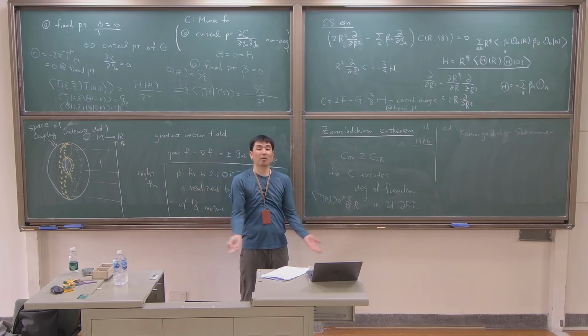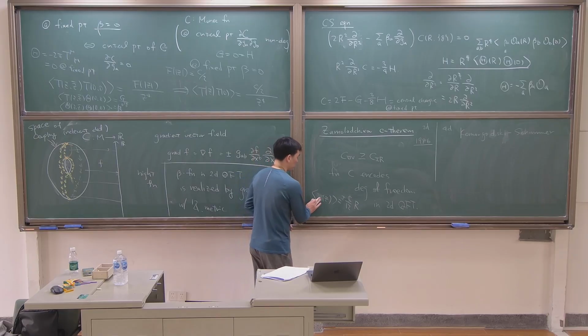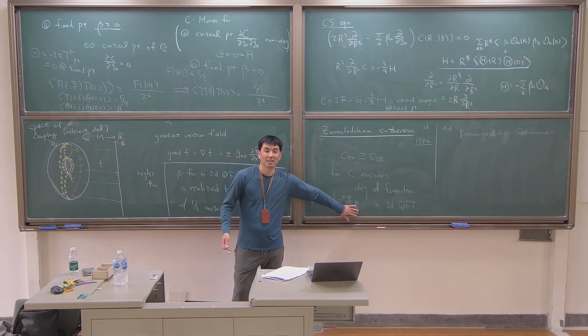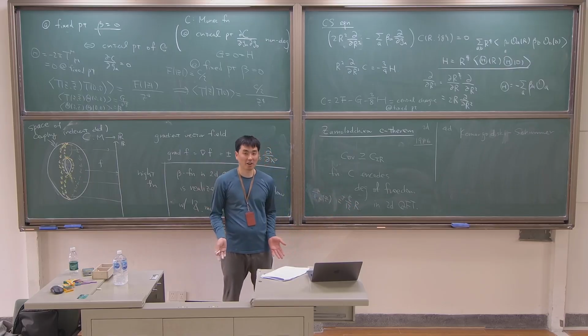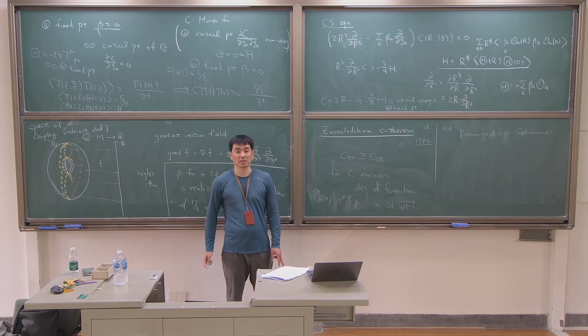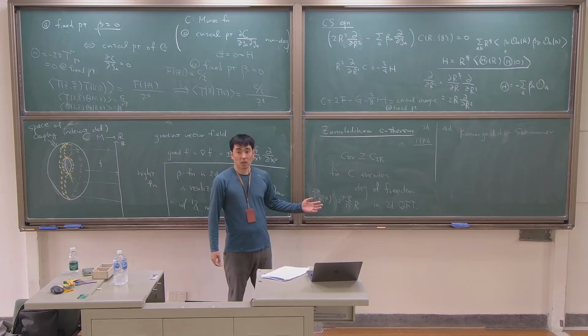If you put the 2D theory in curvature, the traceless T mu mu is no longer zero. It's proportional to the background curvature R, and the proportional coefficient becomes C. So that's one way to see the central charge in the theory.